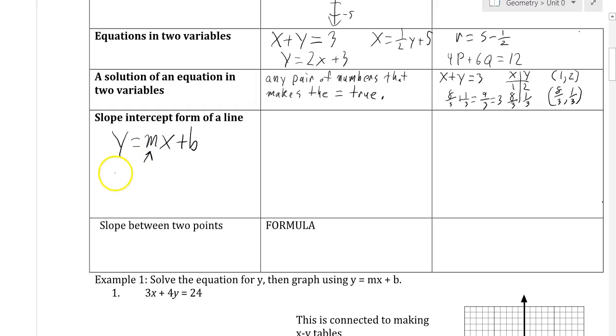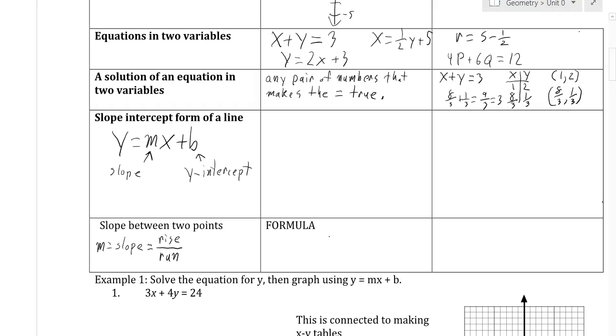m is your slope. b is your y-intercept. Slope, the letter m, is how far you rise and how far you run in between any 2 points on your line.